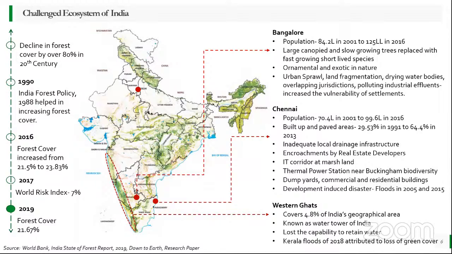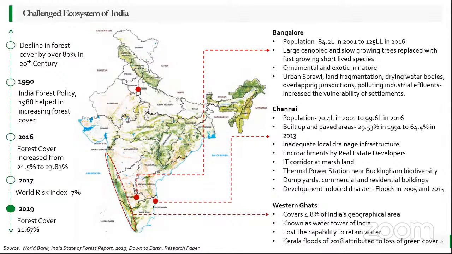That has also been demolished, or you can say the area has been reduced by the coming up of a thermal power station. But the local drainage infrastructure is inadequate, and encroachment by real estate developers and the recently developed IT corridor have all put the wetlands and natural resources of Chennai at risk.